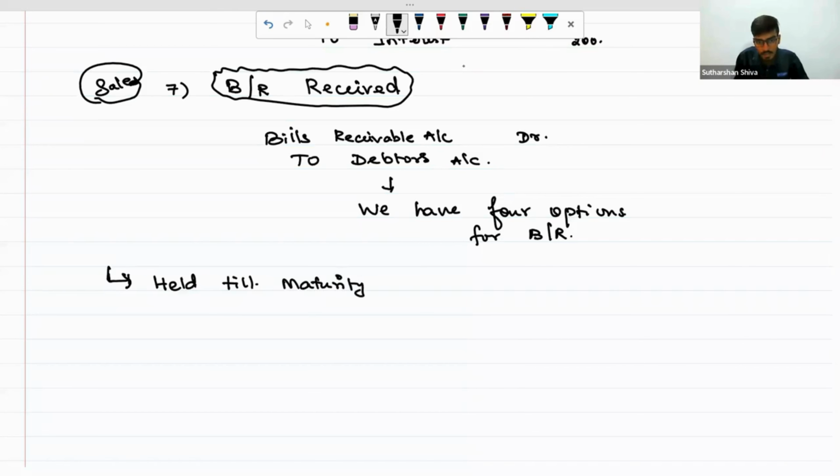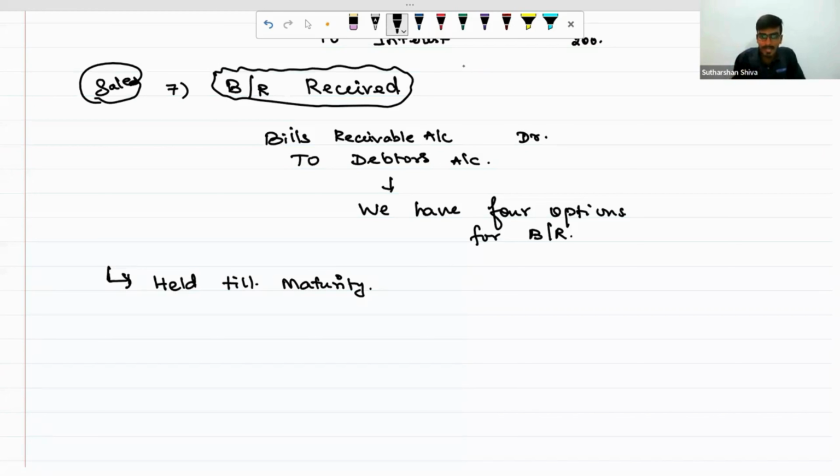What is held till maturity? Held till maturity means that till the maturity period of 30 days, 60 days, or 90 days, as the case may be, I will keep the bill with myself.